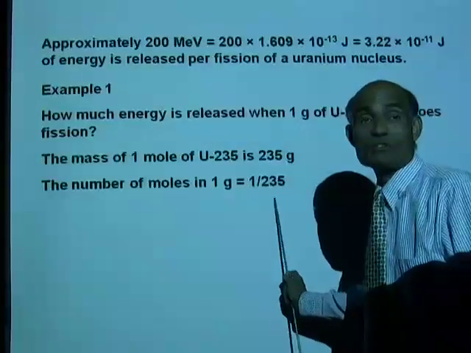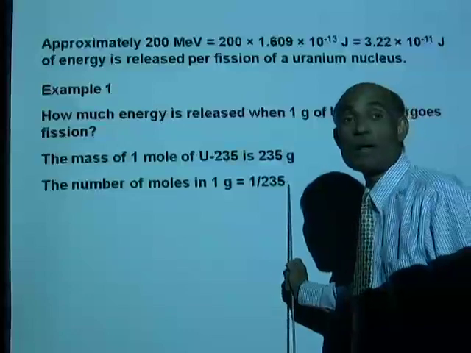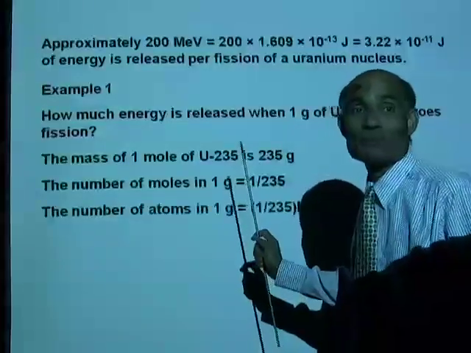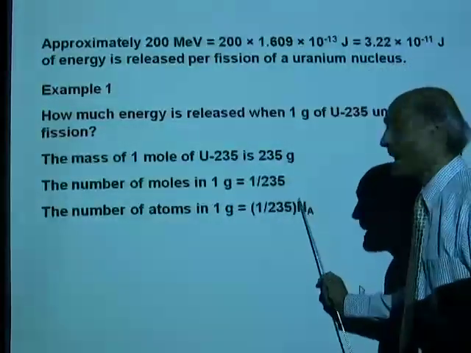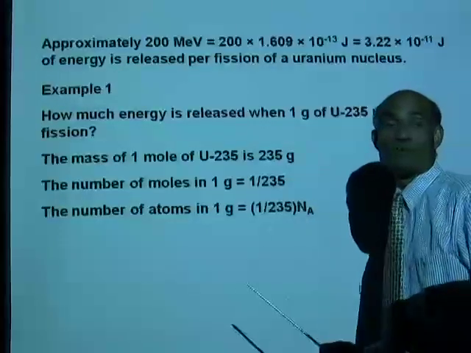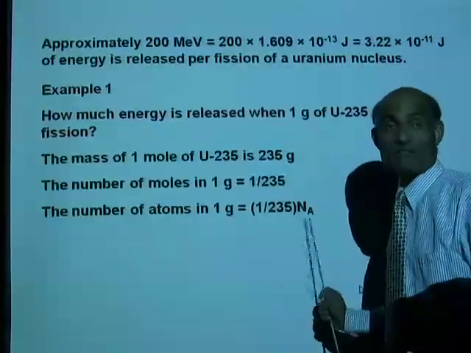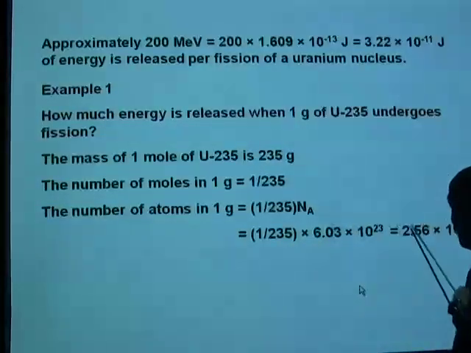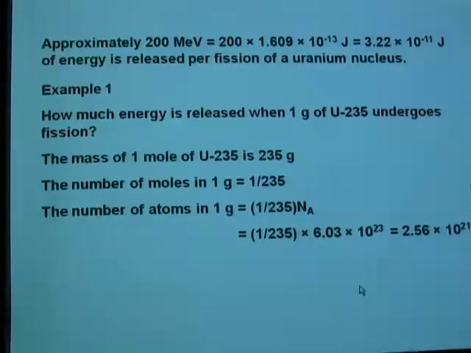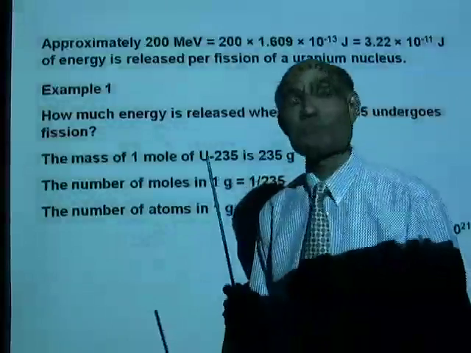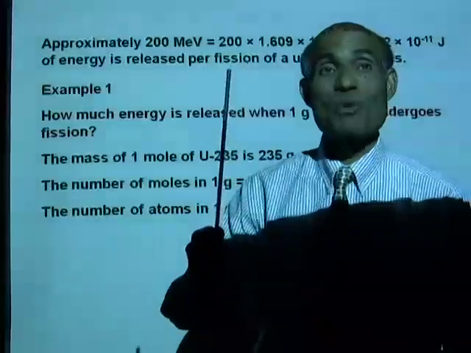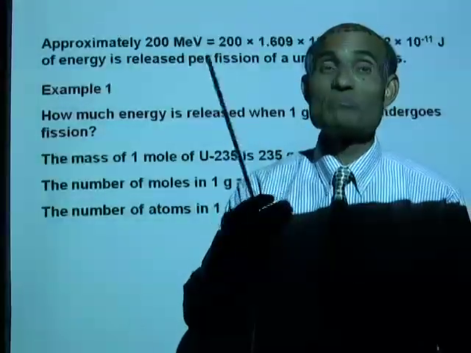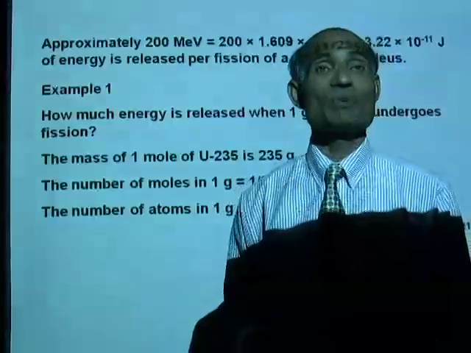That will be 1 over 235 multiplied by the number of atoms in 1 mole, that is the Avogadro number, and that will be 2.56 times 10 to the 21. That is the number of atoms in 1 gram of uranium.